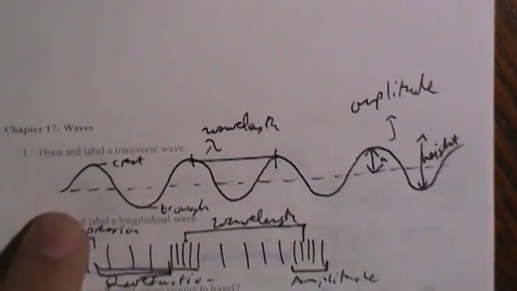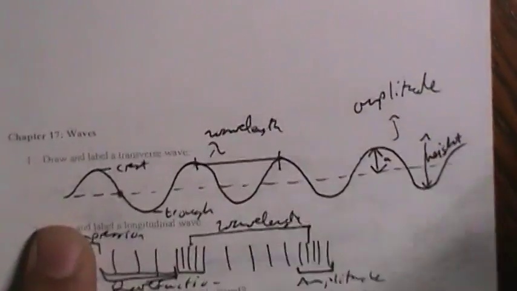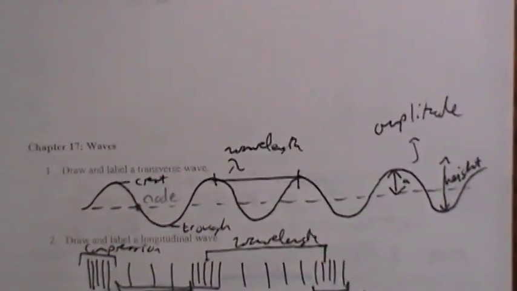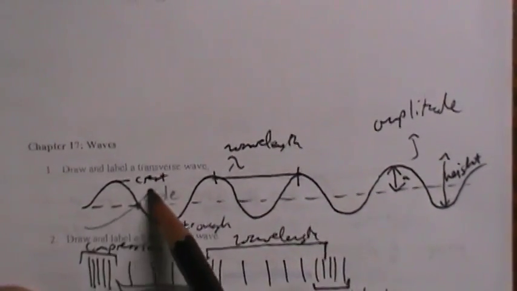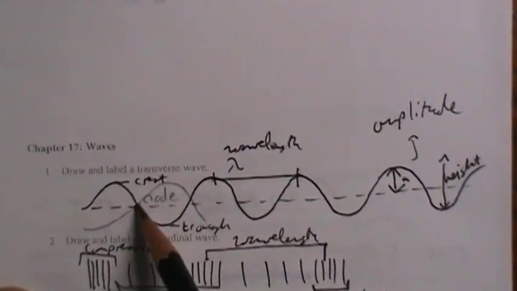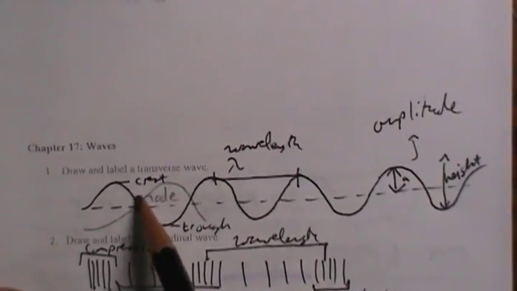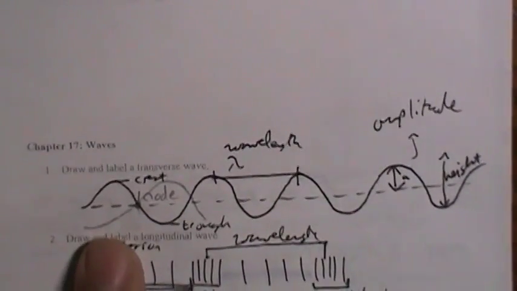Alright, and technically there is one other thing on here. These would represent nodes, especially in a standing wave. If I had another wave going through like this, this represents a node, a point where the wave is not actually moving the medium.